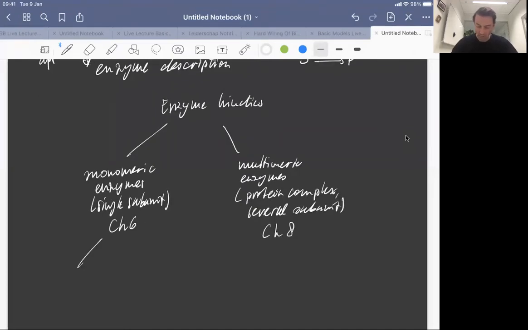Now there are two approximation methods. The first approximation method is the quasi-steady state approximation.